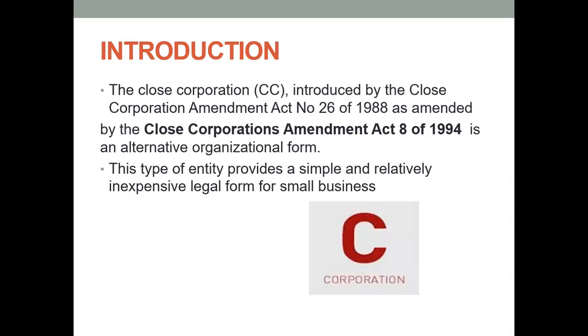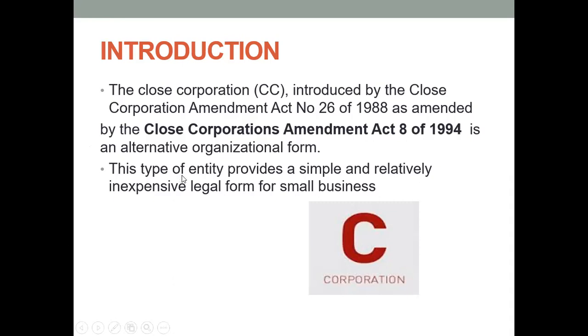Okay, so moving on to the introduction. We said that a close corporation, introduced by the Close Corporation Amendment Act number 26 of 1988 and amended by the Close Corporation Amendment Act of 1994, is an alternative organizational form. All these details are not really important for now, especially because of time.